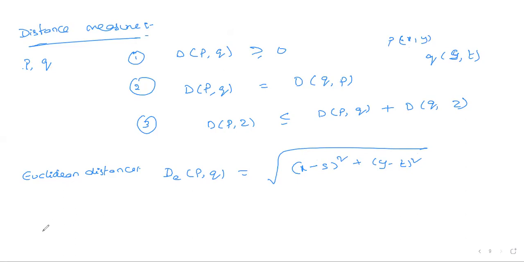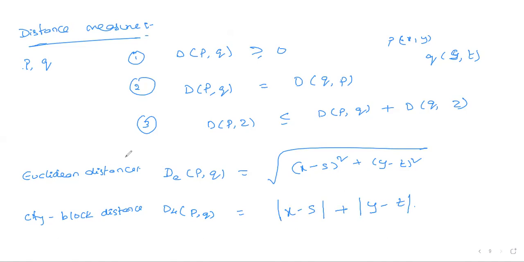Next, D4 or city block distance. City block distance or D4 of P comma Q is given as mod of x minus s plus mod of y minus t. Okay.